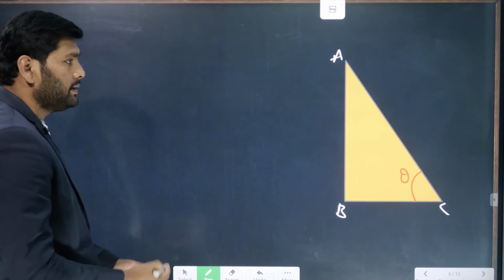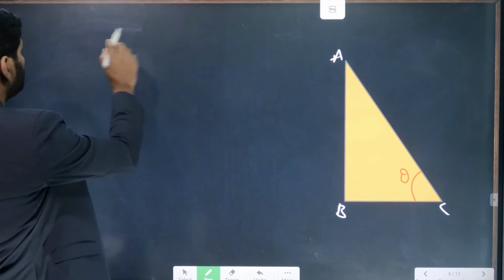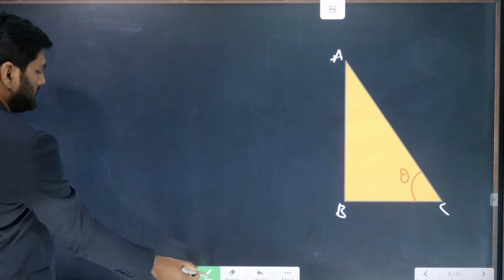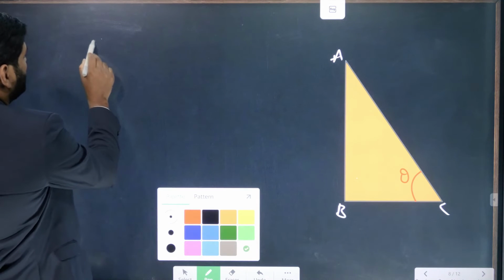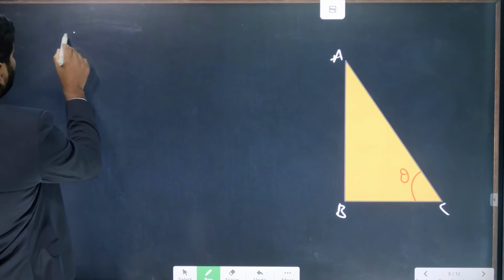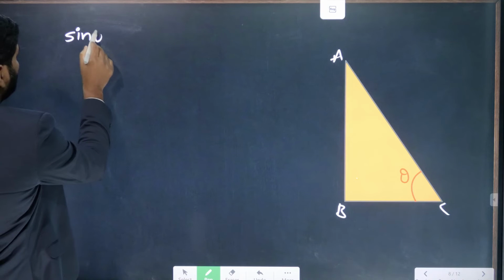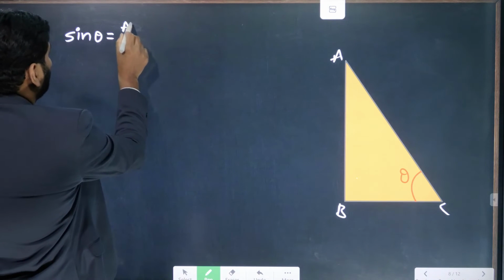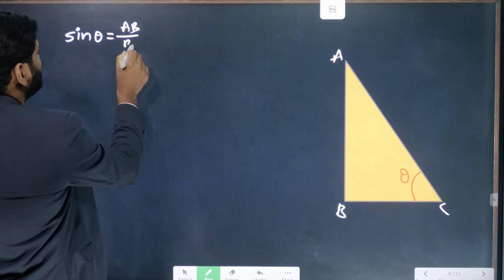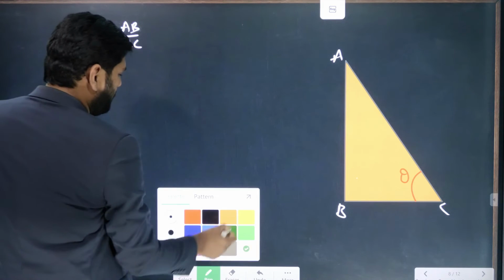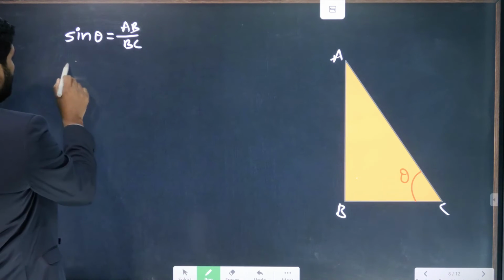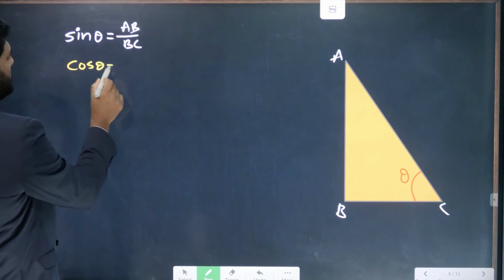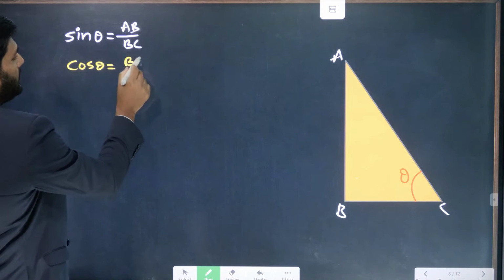Now just now we wrote the sine function. Sine theta is equal to AB by BC?